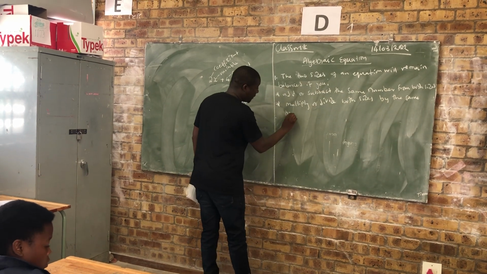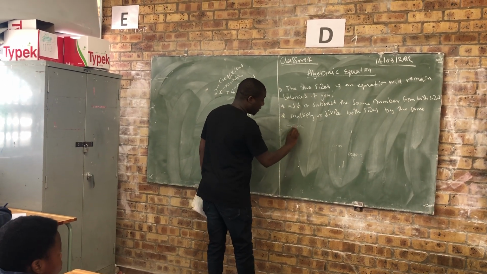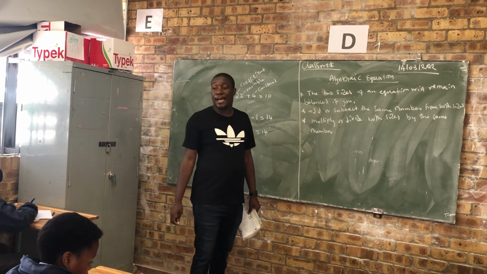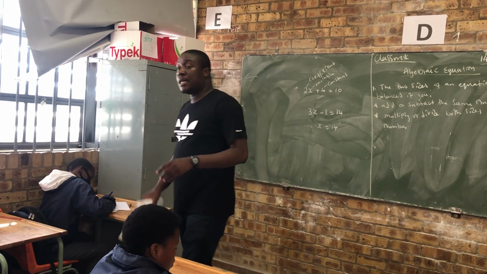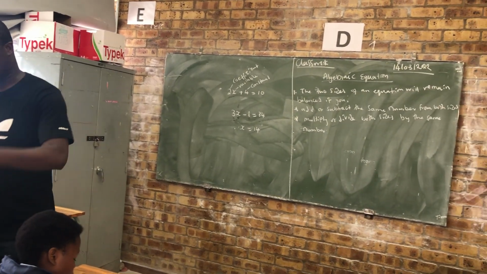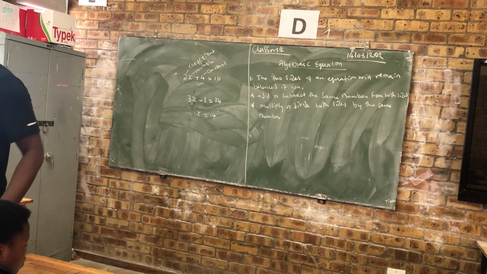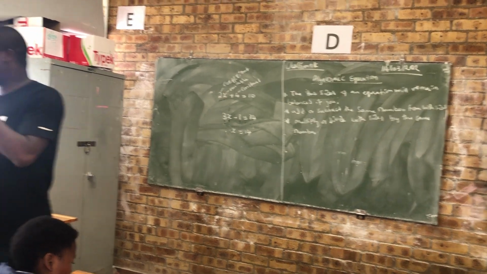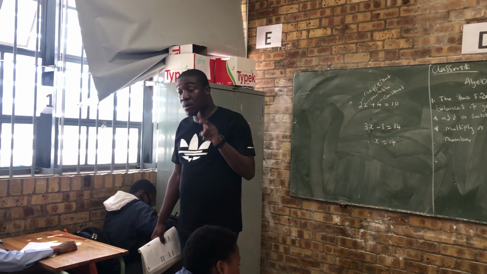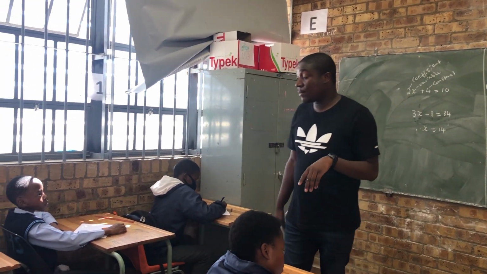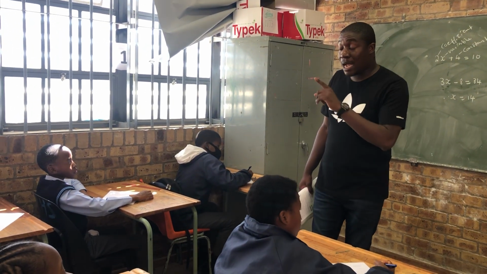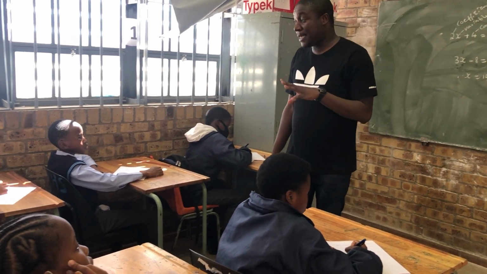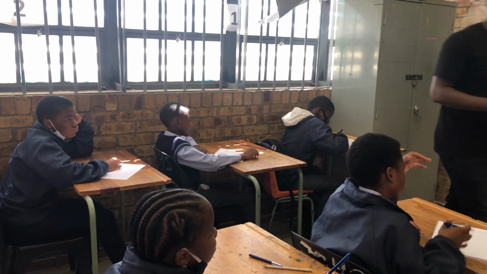When you multiply or divide by the same number, the equation remains balanced. We are going to use those two methods of adding or subtracting the same number on both sides in order to balance the equation, and we refer to it as the additive inverse. We are going to use the additive inverse.